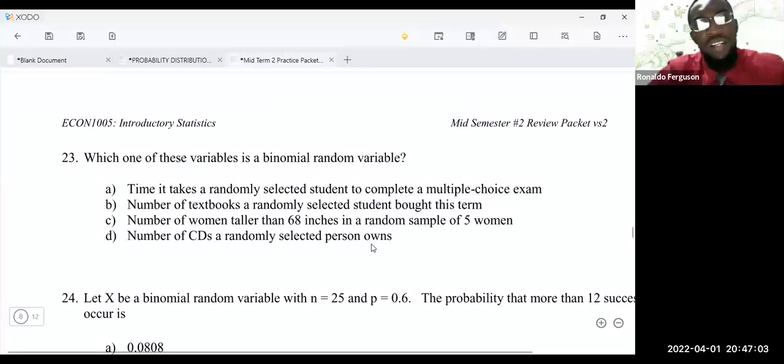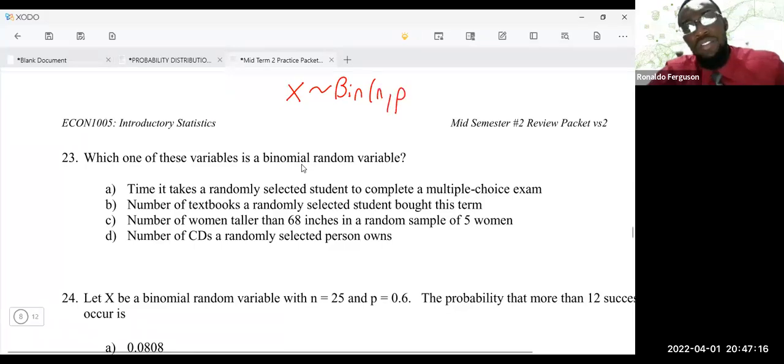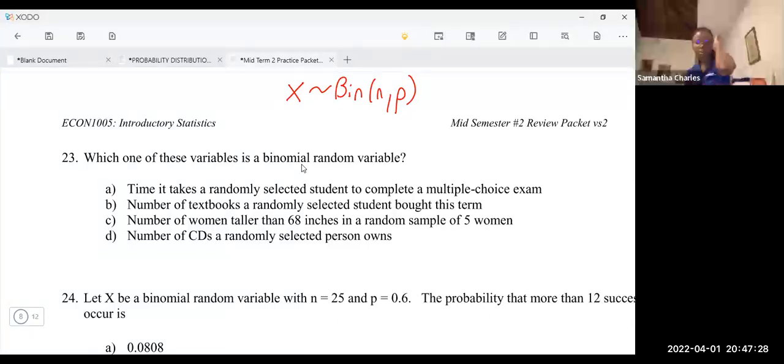Which one sounds random? Which one sounds binomial to you?